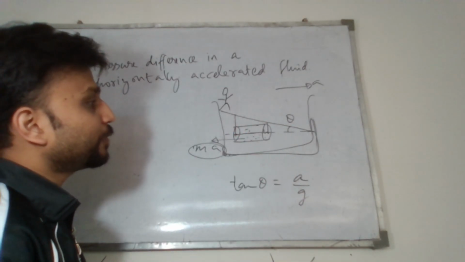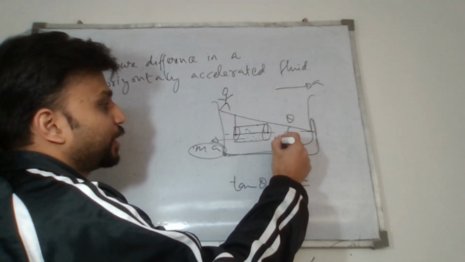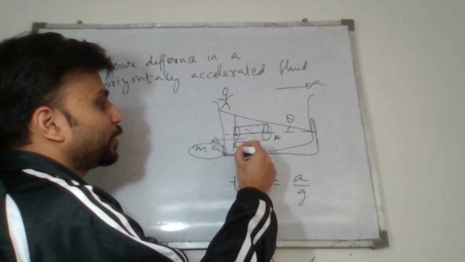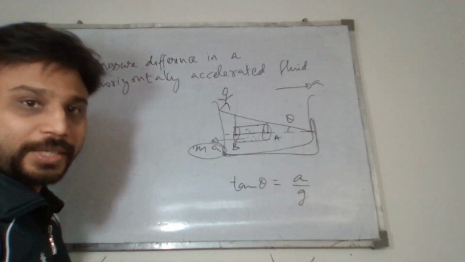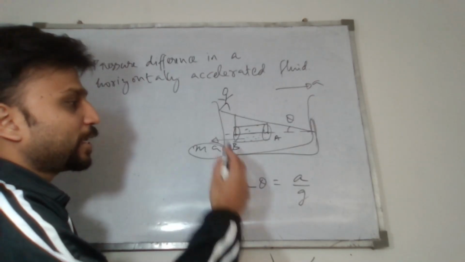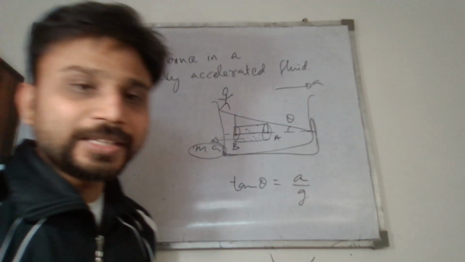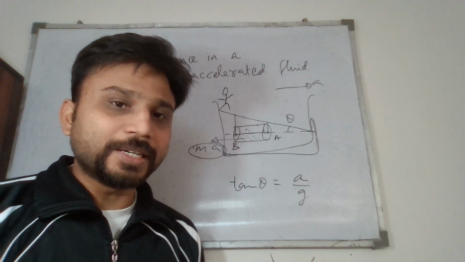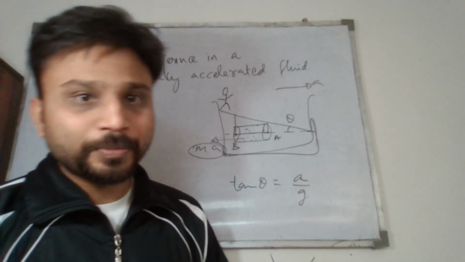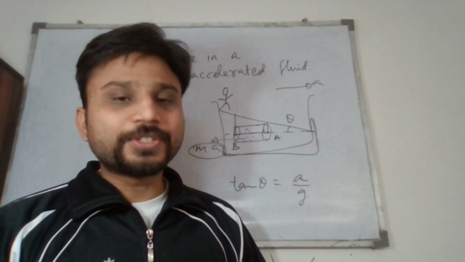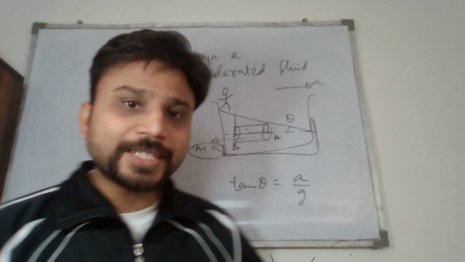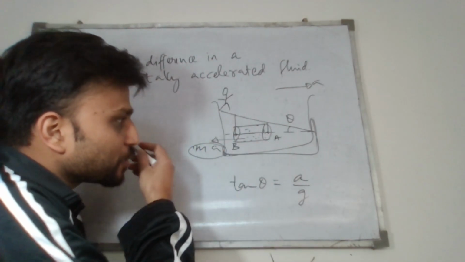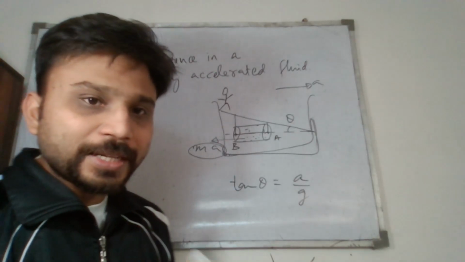So we know that when we go from point A to point B, the pressure is going to increase because of this pseudo force ma. They act in the same way as mg. If mg was acting in the vertical direction, it would create a vertical pressure difference equal to rho g h. In the same way, if there is a pseudo force acting horizontally, it will create a pressure difference like that.